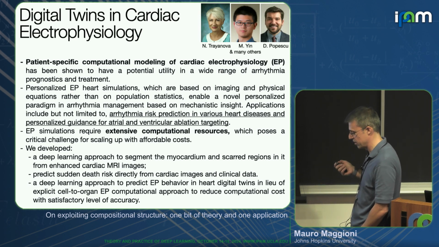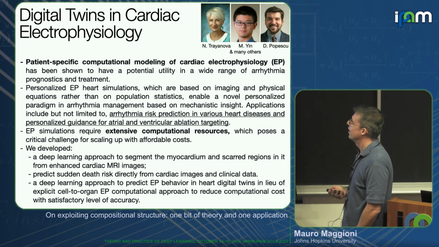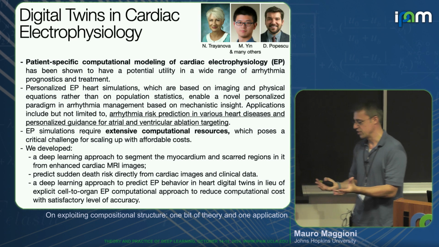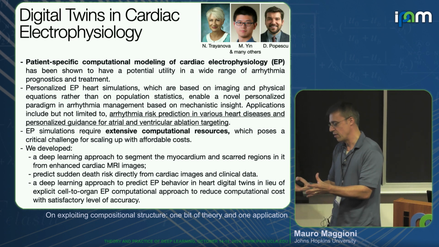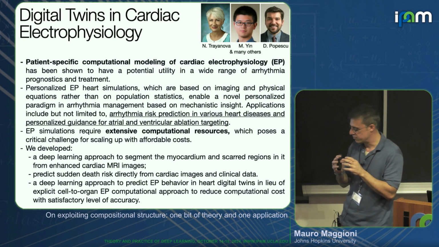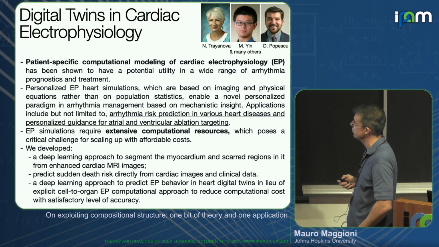She has been working on models for the electrophysiology of the heart for decades, where a patient comes in, an image of the heart of the patient is taken by a special type of MRI that emphasizes some of the possible features of your heart, of what is not working there, scar tissue.